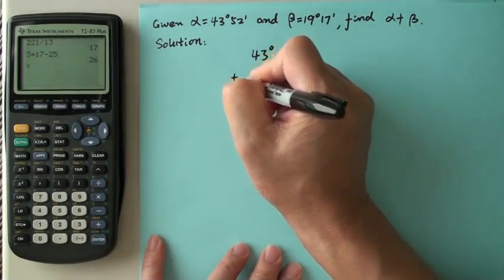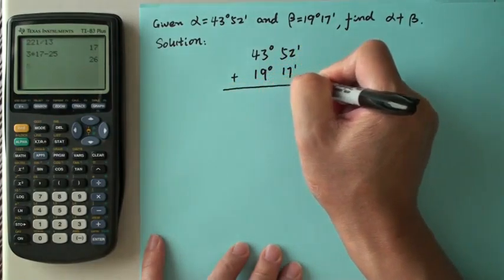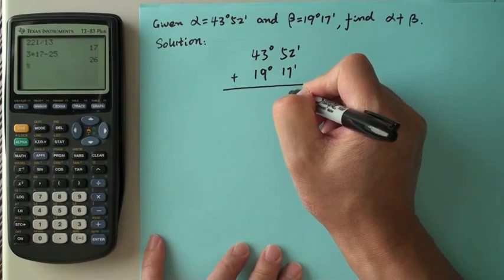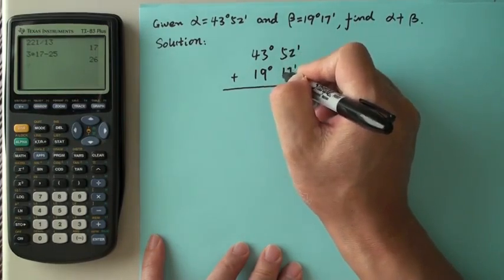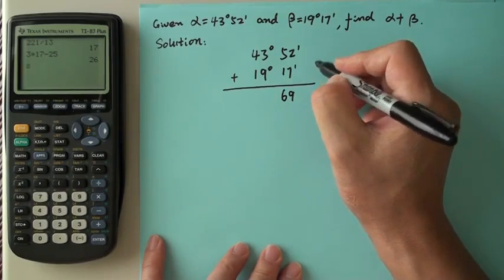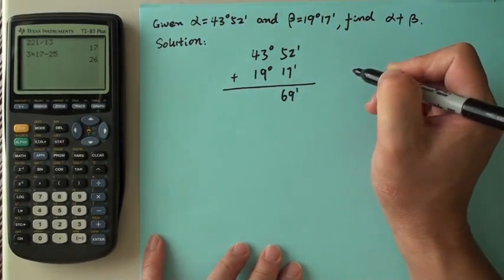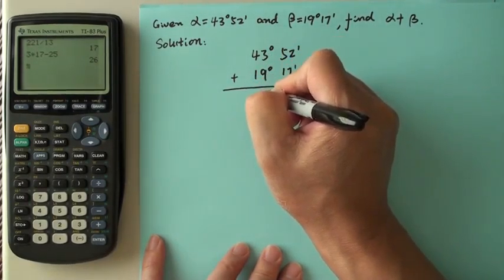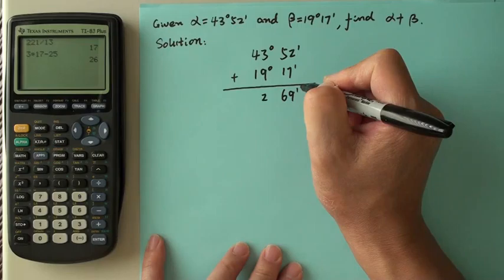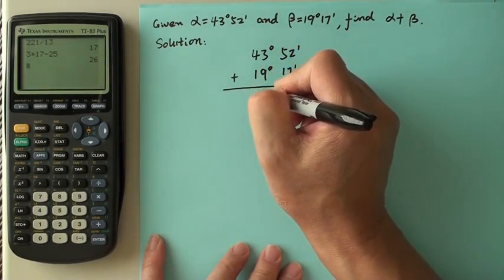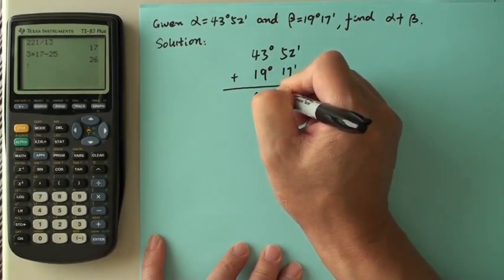Now 2 plus 7 is 9, and then 5 plus 1 is 6. This is the minutes. And then 3 plus 9 is 12, and 4 plus 1 plus another 1 is 62 degrees.